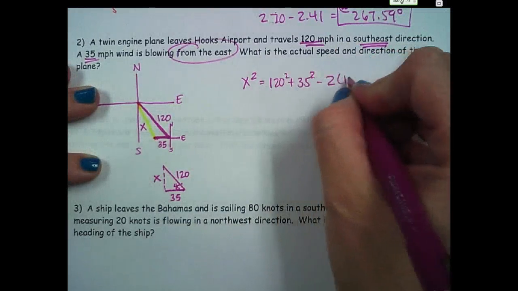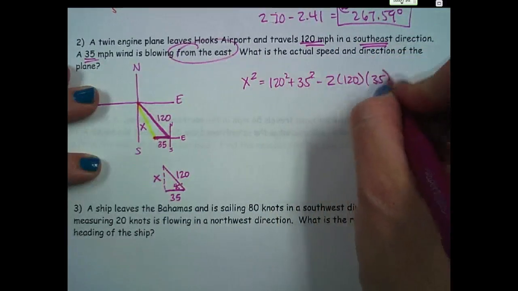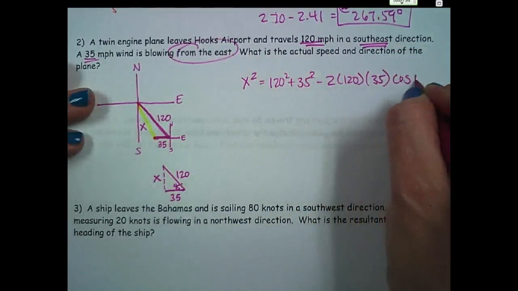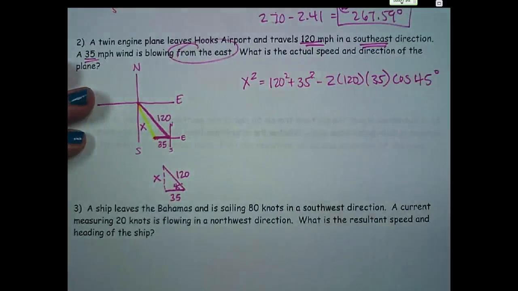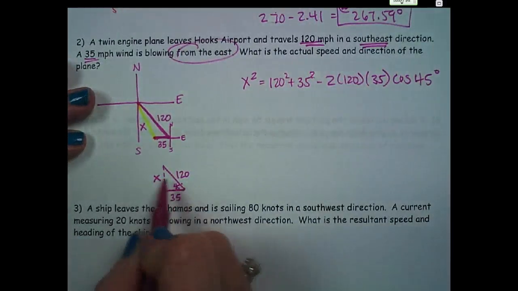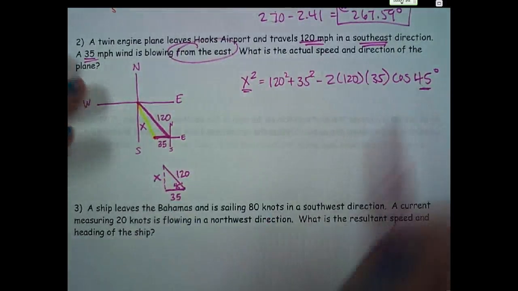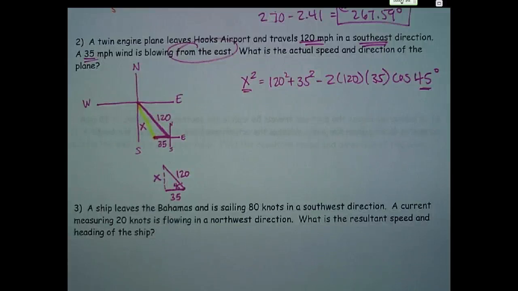Minus 2 times 120 times 35 times cosine of 45. Remember, this angle and this side go together, so x and 45 go together. Type just the right side in your calculator and take the square root.